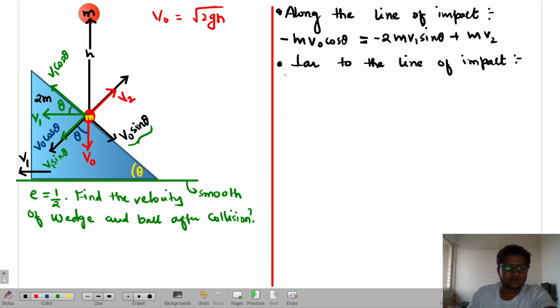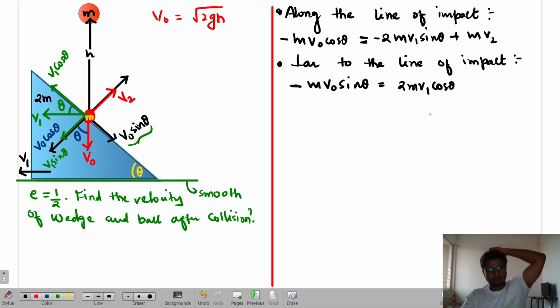So perpendicular to the line of impact, the equation will be 2m, means initially the velocity was, if I'm taking downward as minus, so minus m v0 sin theta is equal to, finally I have got 2m v1 cos theta in the upward direction.